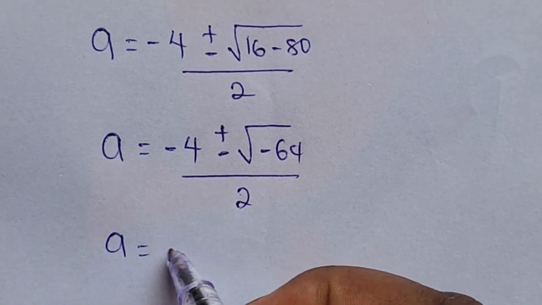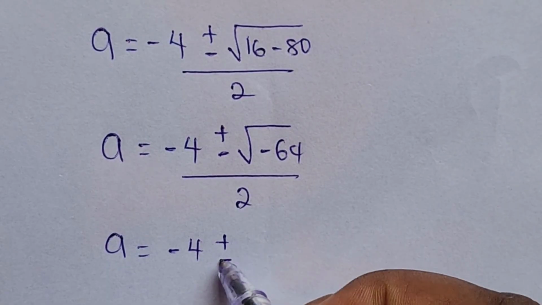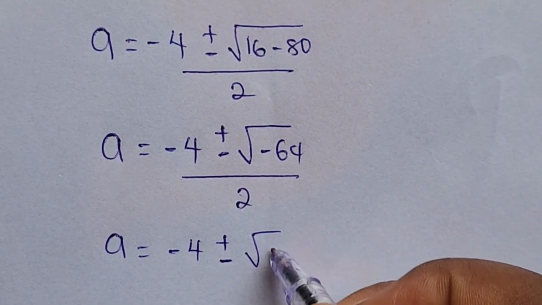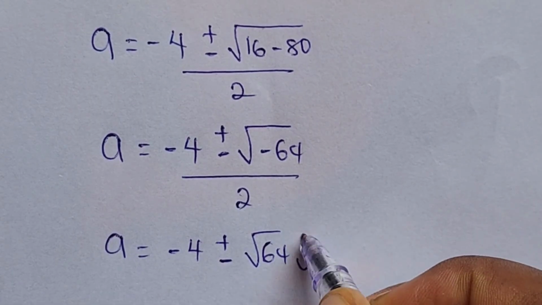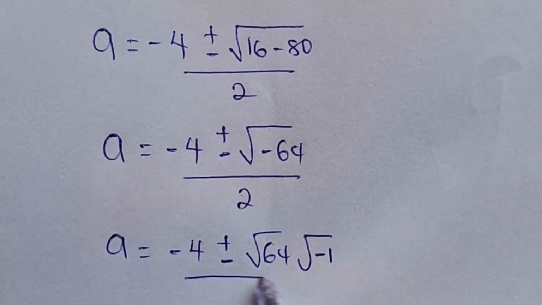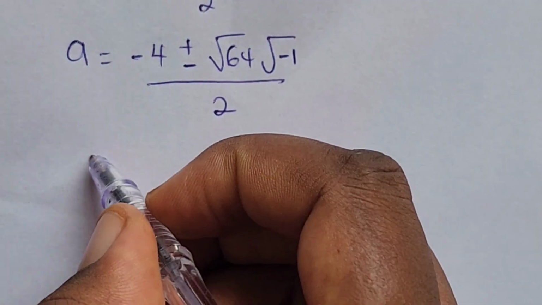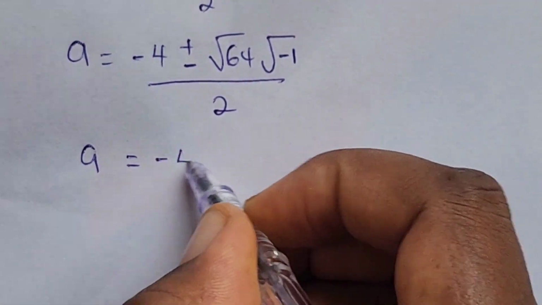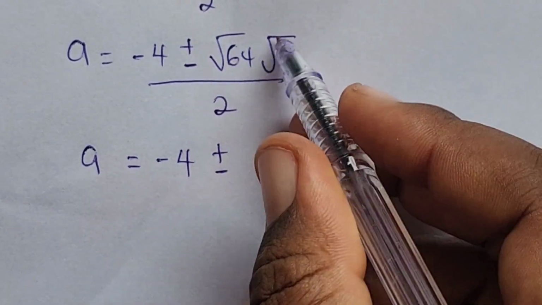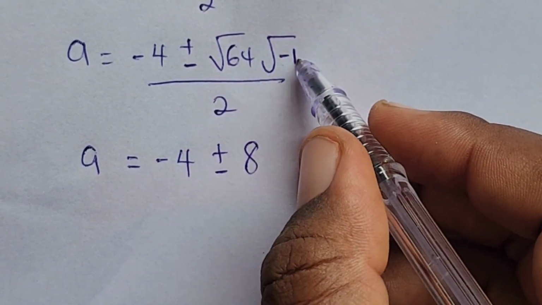So a is equal to minus 4 plus or minus the square root of 64 times the square root of minus 1, all over 2. So our a is equal to minus 4 plus or minus root 64, which is 8, and root minus 1 is i, all over 2.